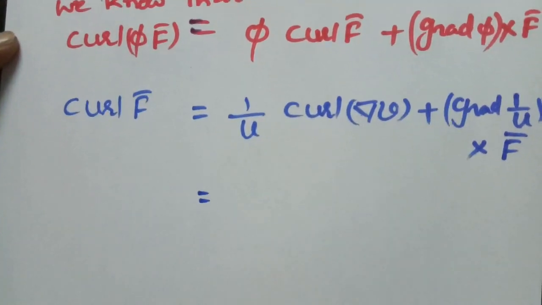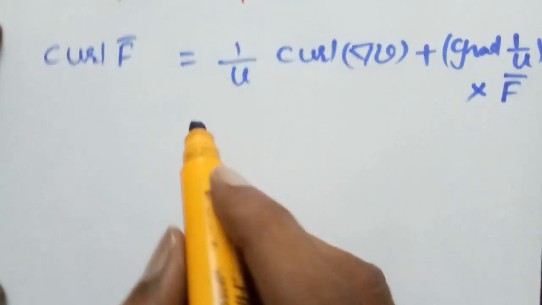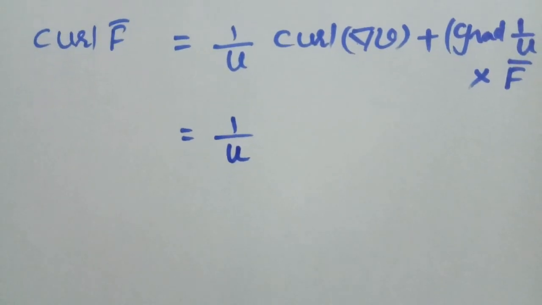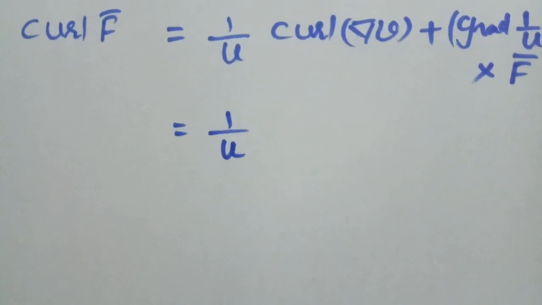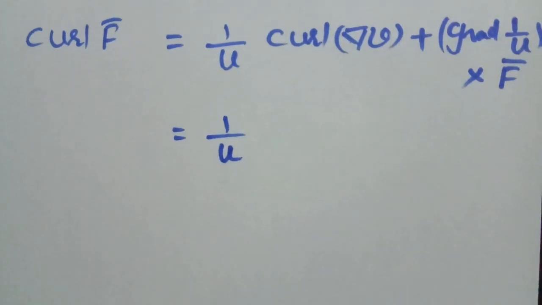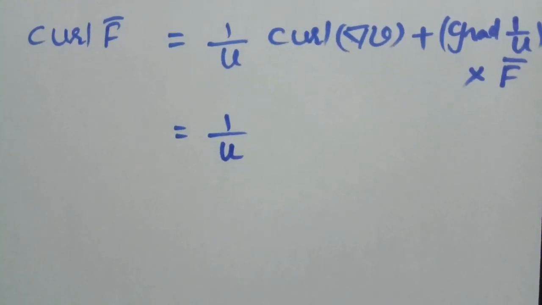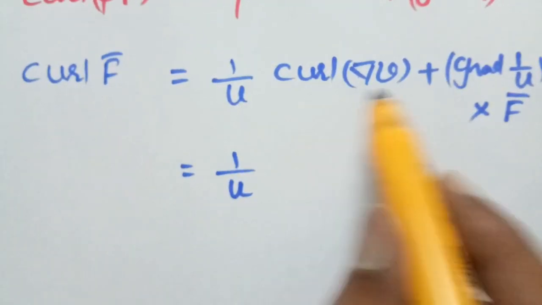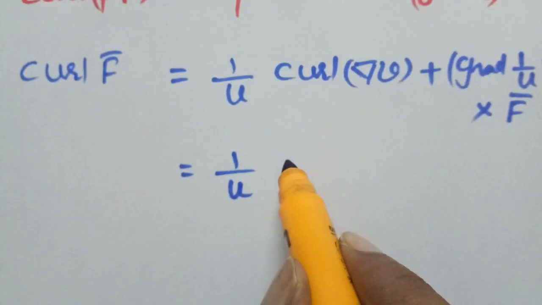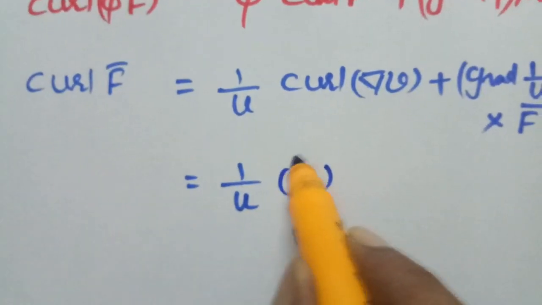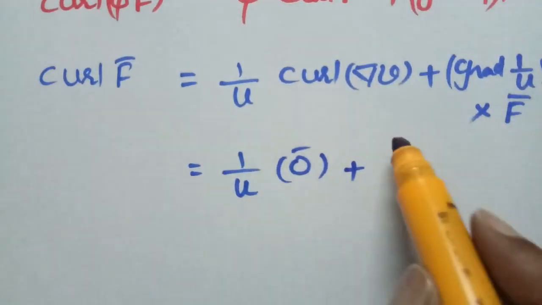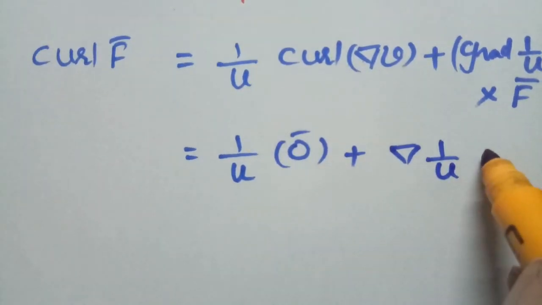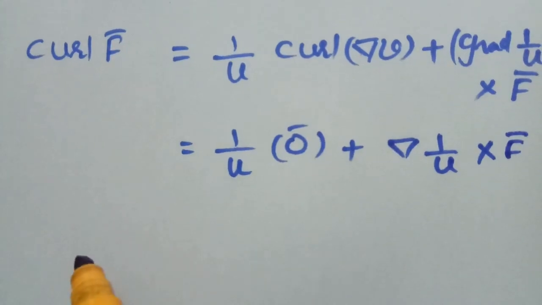Therefore, this can be written as 1 by U into curl of del V, curl grad phi 0 bar, plus grad of 1 by U, that can also be written as del of 1 by U, cross F bar.